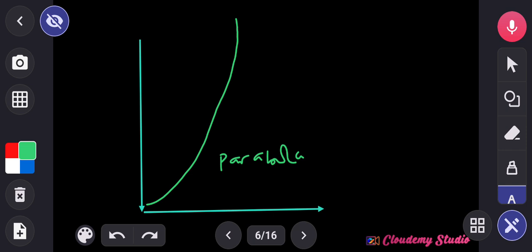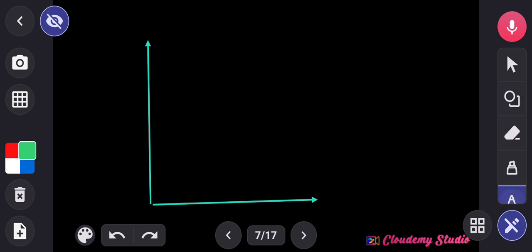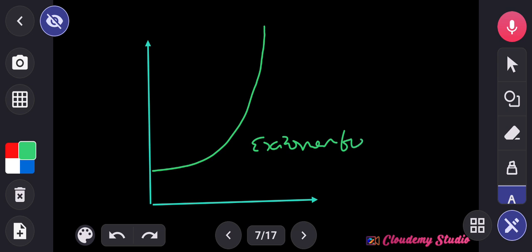And the third one is going to give us an exponential curve, something like this. It will not start from the origin. You understand? So this is an exponential function.